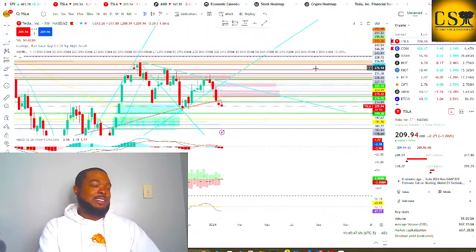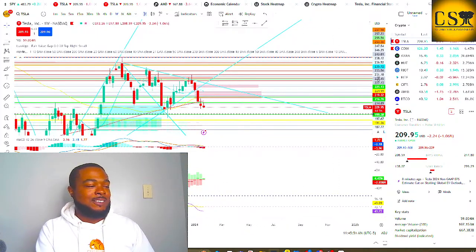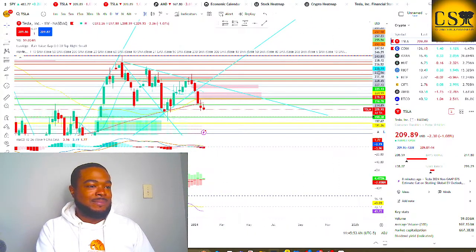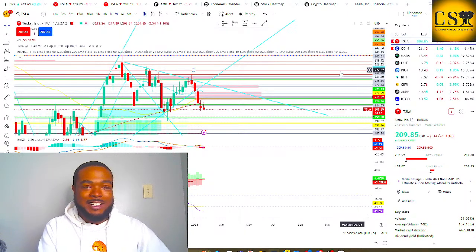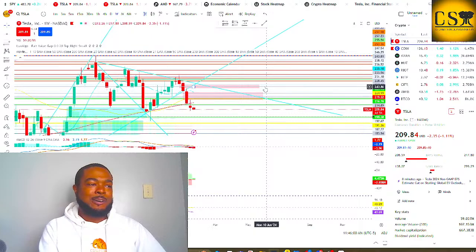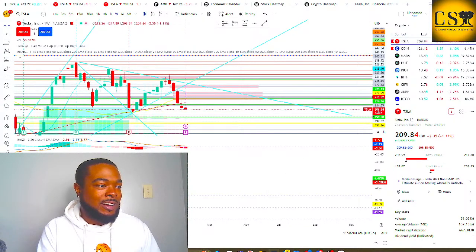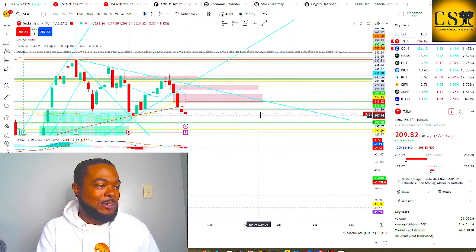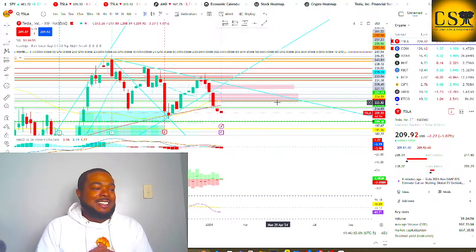Now the percentage I'll look for on this trade, because it's a year out trade, I'll probably be looking for around 40 to 50% gains instead of the usual 15 to 30%. Just because it's a longer position, so we can extend the profit out a little bit more, have some more risk tolerance. But Tesla is like the long position.